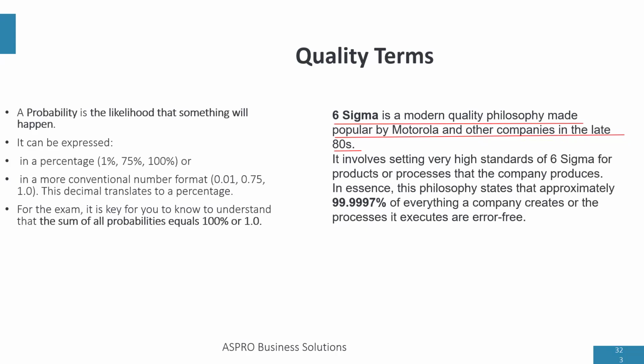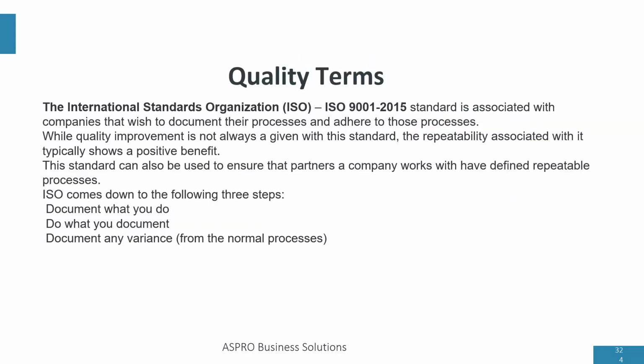So let's talk about ISO 9001:2015. This is a quality management system that an organization can use to improve their processes, and of course, it is certified by ISO.